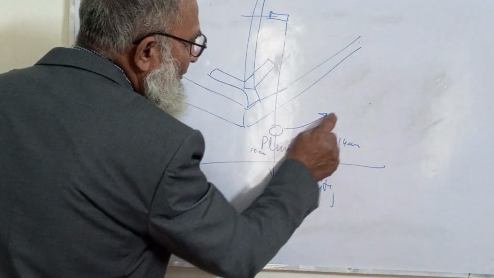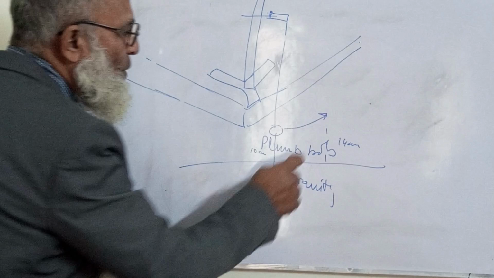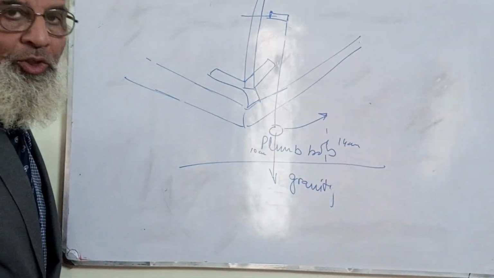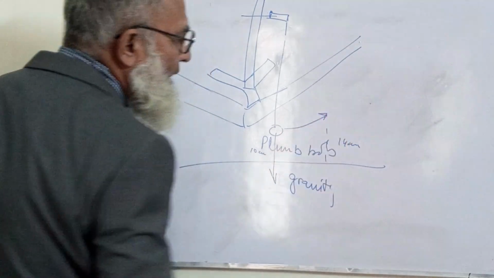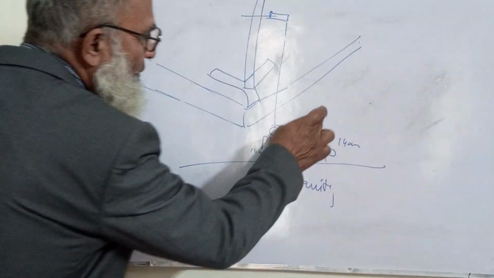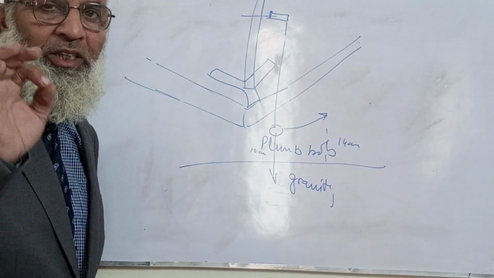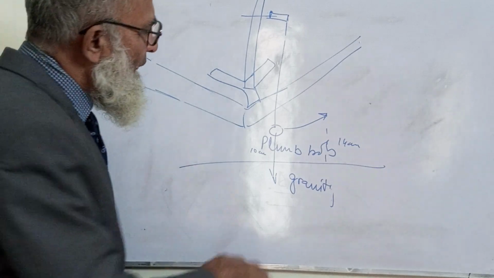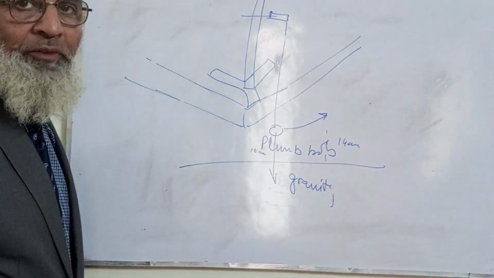Now when it reaches its highest point, the momentum, or the kinetic energy, will be zero. When the kinetic energy is zero, it will stop at this point for a fraction of a second, and it will start traveling backwards.